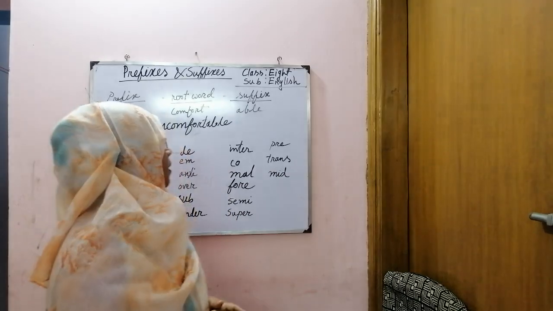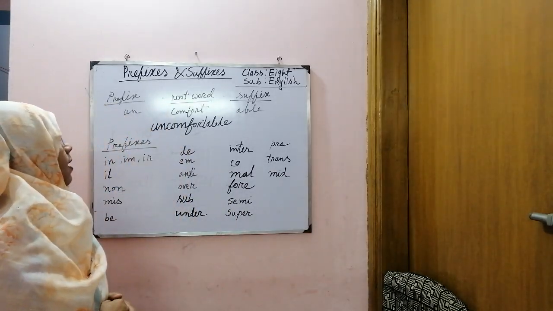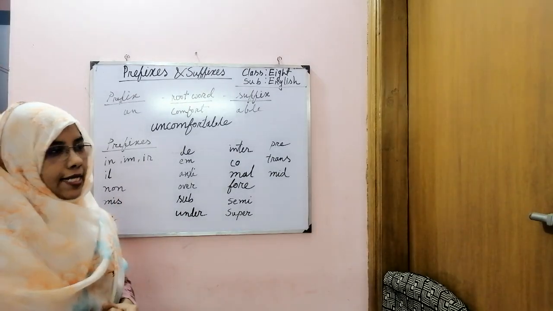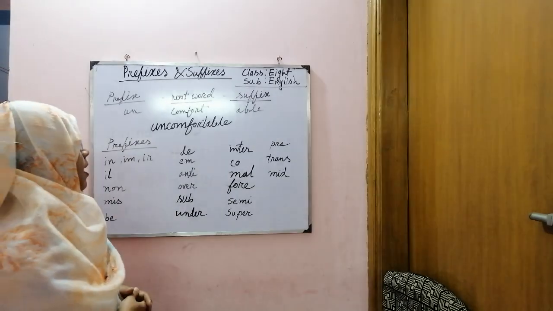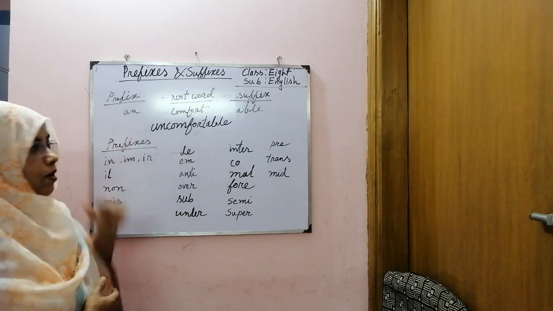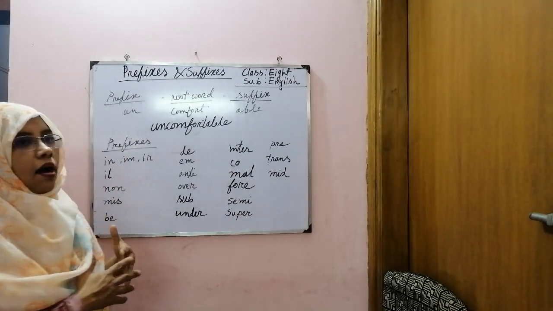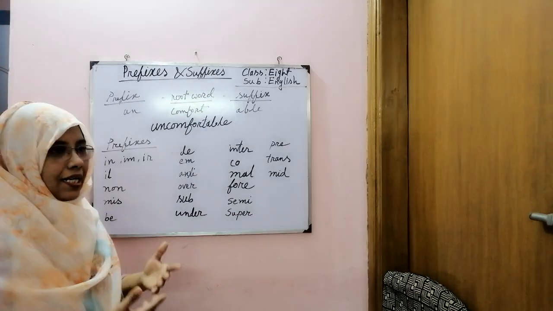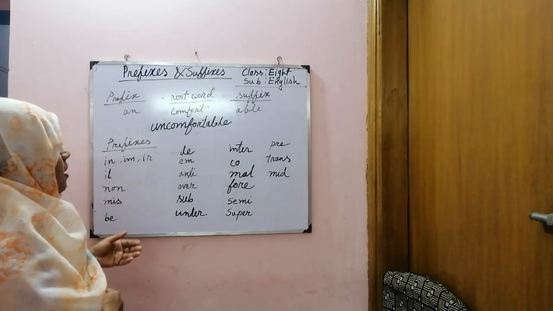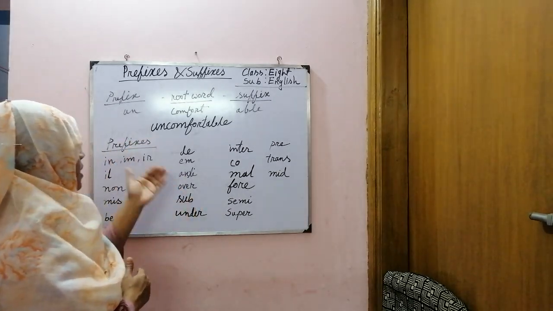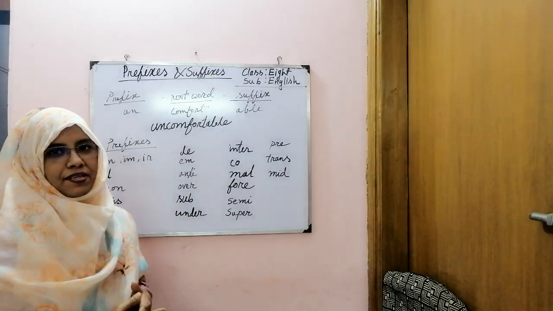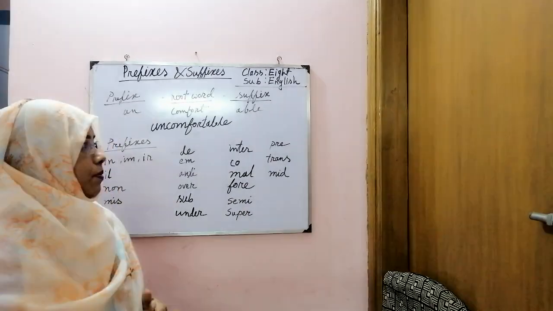Dear learners, here you can see an example. Comfort is a root word. That means feel easy. If we add un as a prefix before this root word, it becomes uncomfort, which means feel uneasy. Dear learners, if we add able at the back of this word, it becomes uncomfortable, that means something which is not comfortable.